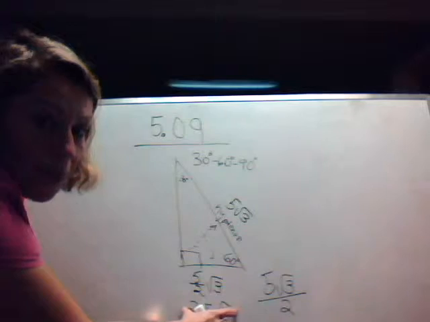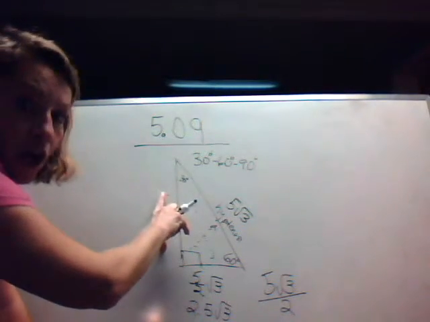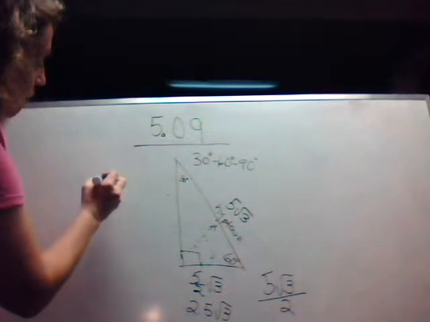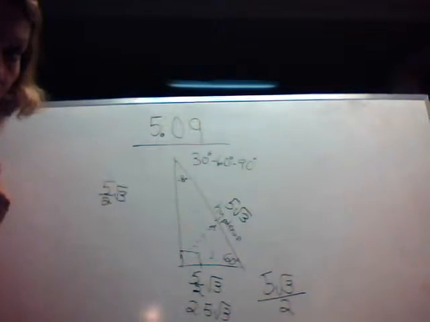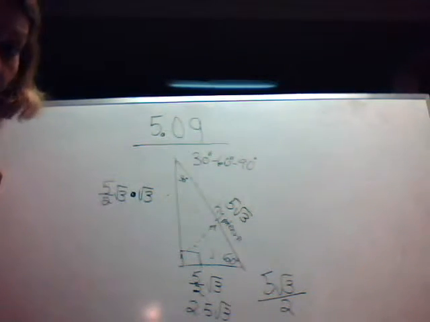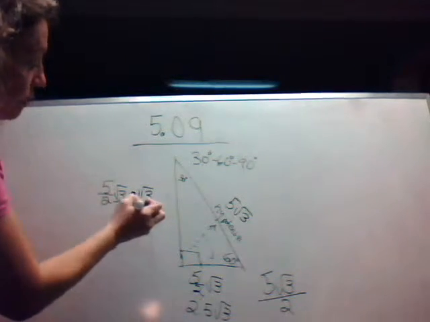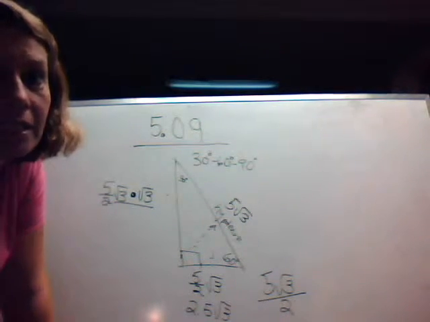I need to multiply that times the square root of 3 to get my long leg. So let's take 5 halves square root of 3, which is the short leg, times the square root of 3 to get the long leg. Square root of 3 times the square root of 3 is square root of 9. Square root of 9 is 3.